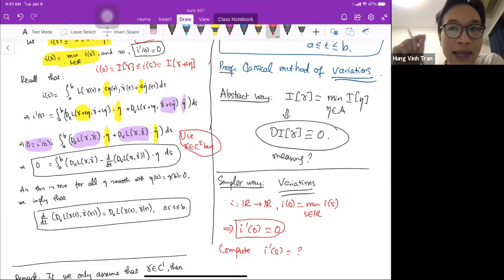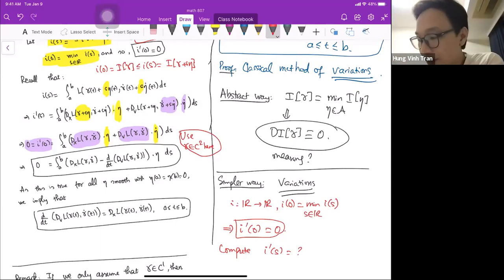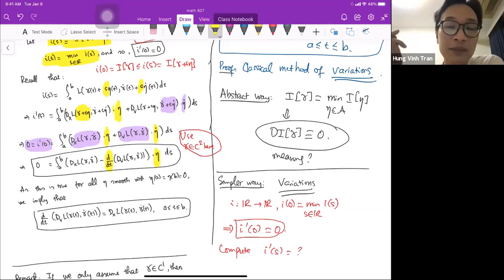Eta at the two endpoints is 0, so when I do integration by parts, I don't have to take into account the values at the boundary. That's also the good thing about calculus of variations: we typically can ignore the boundary values. When I move the derivative from eta dot to the other factor, that means I kick d over dt onto d_v, and that's exactly what I explained earlier about the way to think about the Euler-Lagrange equation.